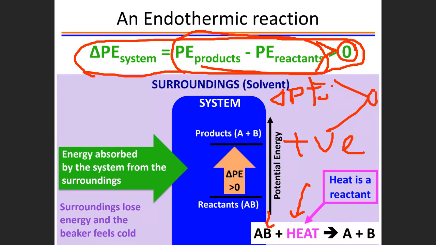And in the case of an endothermic reaction, we know that these are the reactants and this is the heat we need to initiate the reaction. So in an endothermic reaction, the system is absorbing heat from the surroundings. When the surroundings give heat to the system, obviously the surroundings lose energy in the form of heat. That's the main thing here.